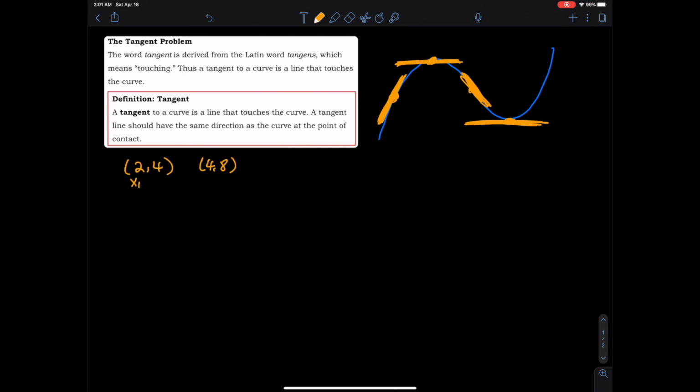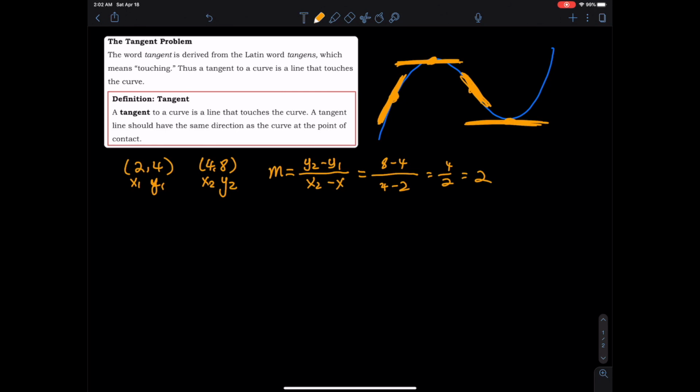We call this point 1, (x1, y1), and this point 2, (x2, y2). The slope m is equal to y2 minus y1 divided by x2 minus x1. You plug in, so you have 8 minus 4 divided by 4 minus 2. That is 4 divided by 2. So the slope of this straight line is equal to 2.